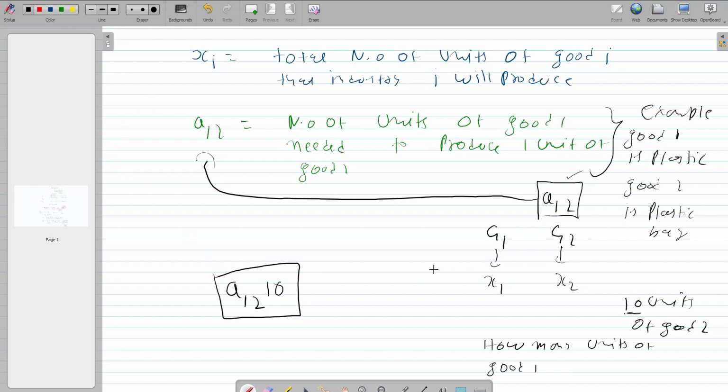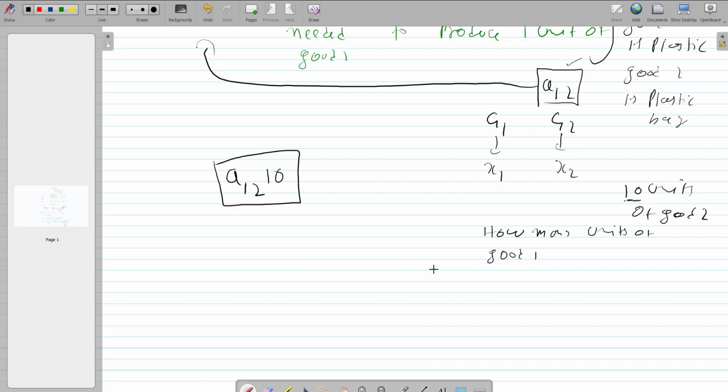Now again, let's simplify this more. For example, let's say I need 2 kg of wheat to produce one bread. So there is an industry making bread, any firm making bread, for example Britannia.